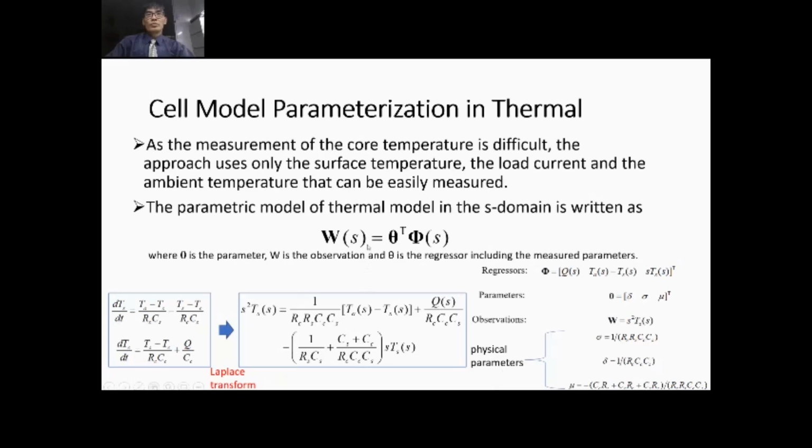Just take note, when we do these formulations, we need to use the time domain equations for the thermal model, and then do a Laplace transform into this form, so that we can estimate the parameters.